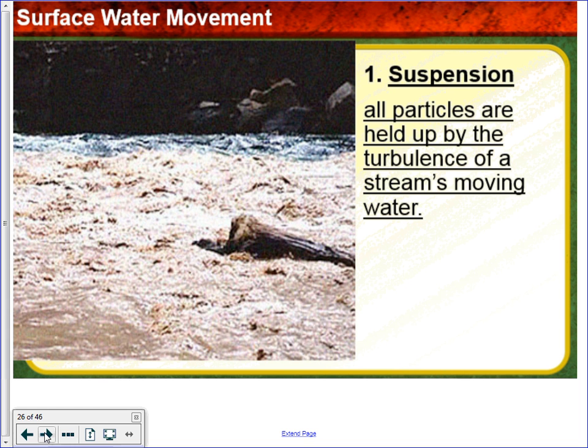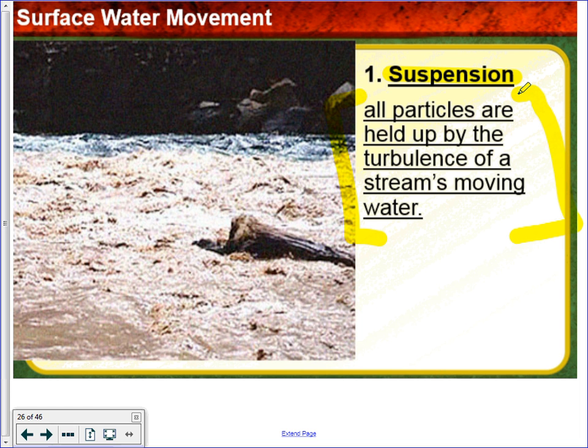Across the left-hand side, you have a column that says method of transport. In the number 1 box, you're going to write the word suspension. In the box right next to that, here is the description. A suspension load is all particles that are held up by the turbulence of a stream's moving water.